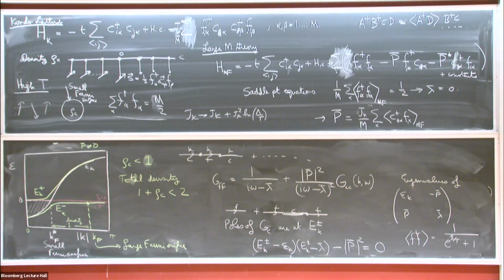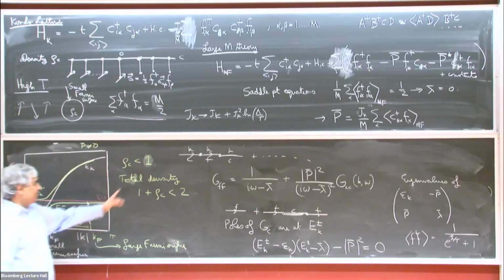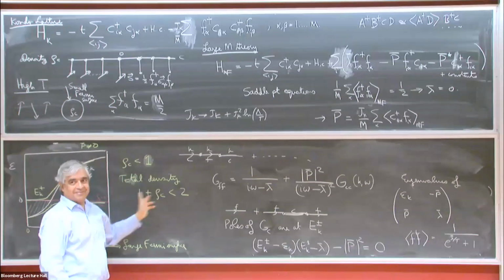Okay. So here it was important that M was 2 or not? Yes, the counting is for M equals 2. But it works for any value of M. This will have to be changed to M over 2 and so on.